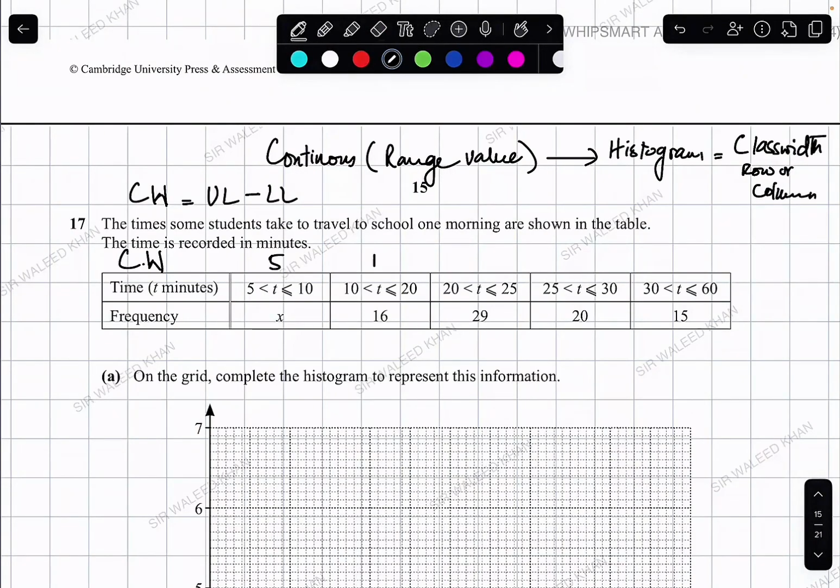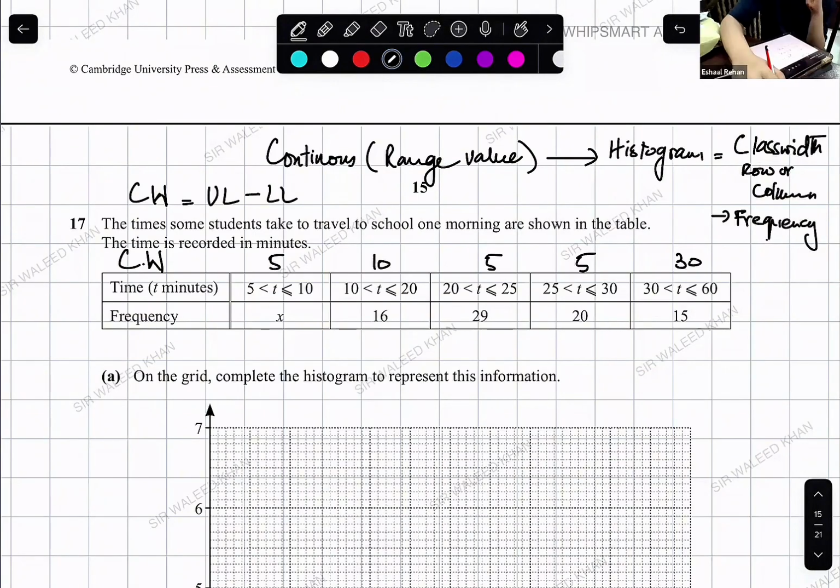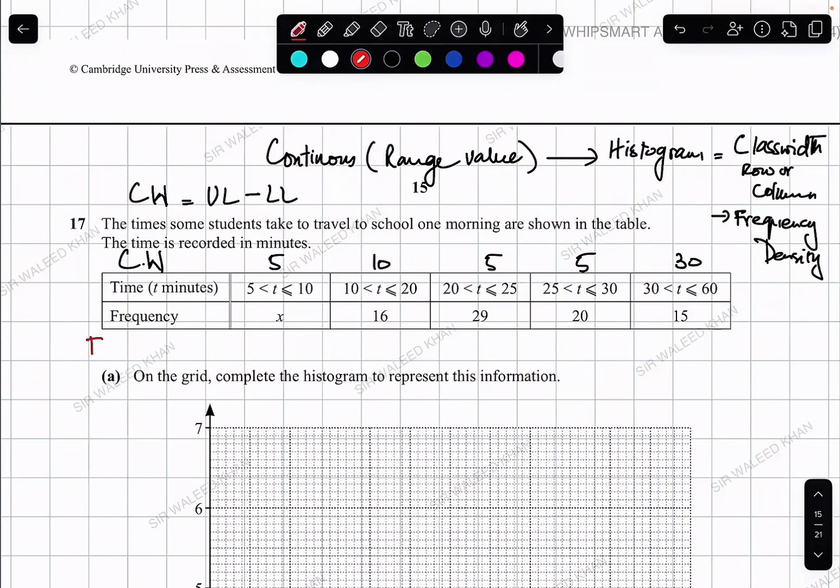This one, 10, 5, 5, and this is 30. The class interval, right? Next, I have to make a frequency density. What is frequency density? Frequency over class width. Yes. So frequency density is frequency over class width. That will be x by 5 for the first one.